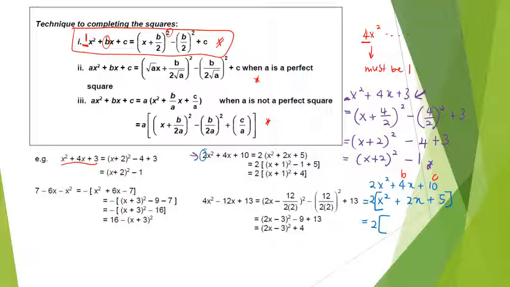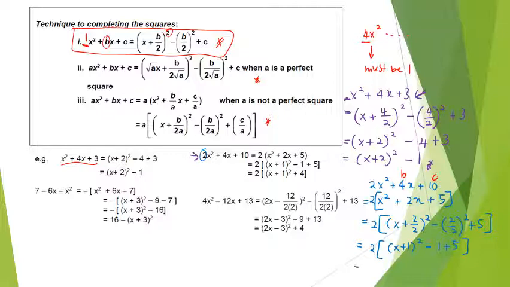So guna formula completing the square tu. So (x plus 2 over 2) square minus (2 over 2) square plus 5. And then simplify, 2 ni remain, so ni jadi (x plus 1) square minus 1 tambah 5.